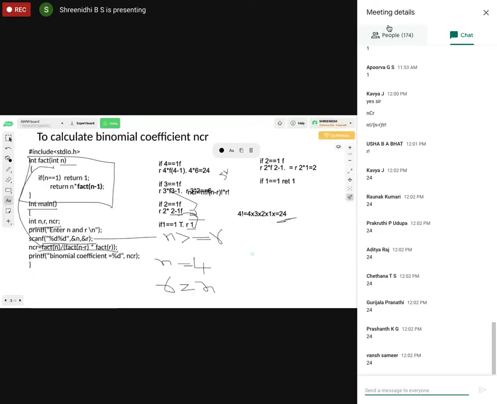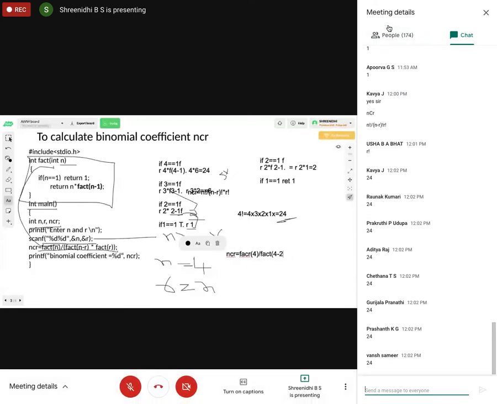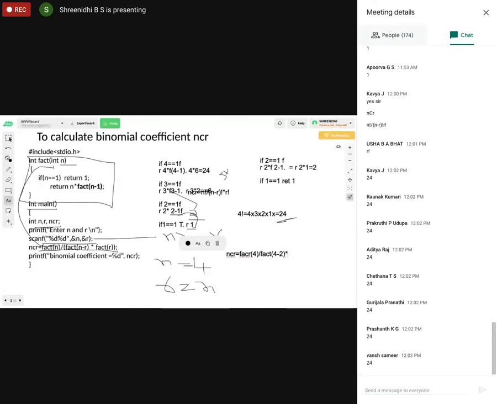So finally this line, nCr, which I have written here, will be fact of 4 divided by fact of 4 minus 2 into fact of r. What's r? r is 2.